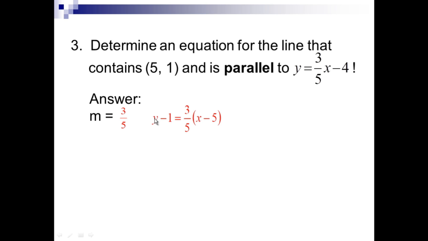We get y minus 1 equals gradient 3/5 times x minus x1, that is 5. So the equation is y equals 3/5 x minus 2.